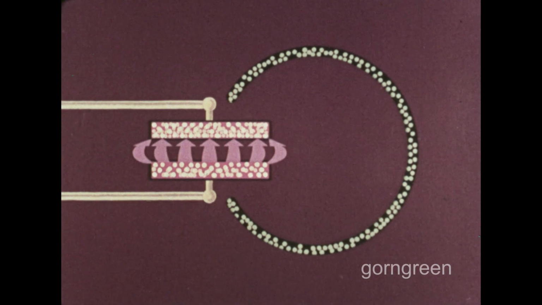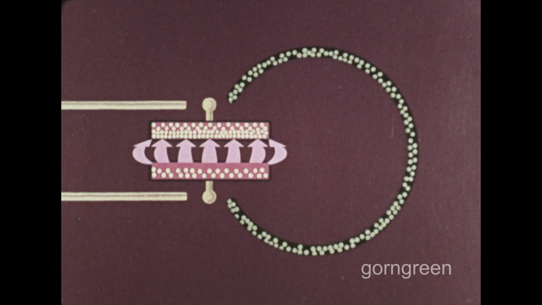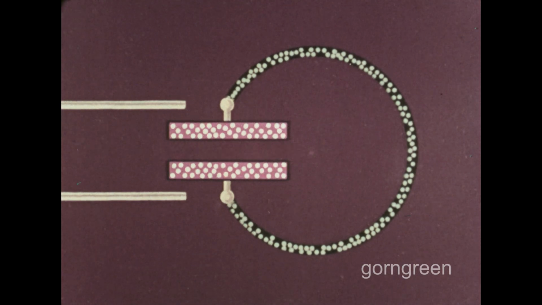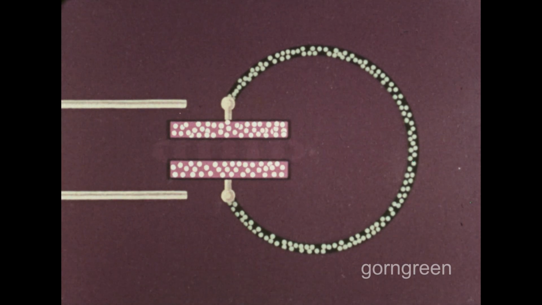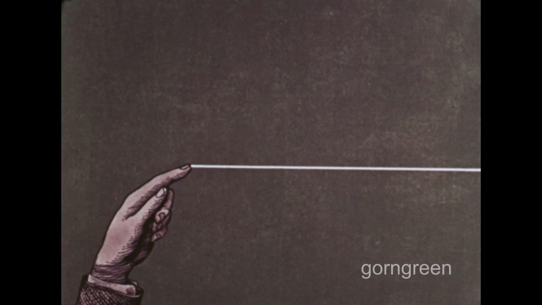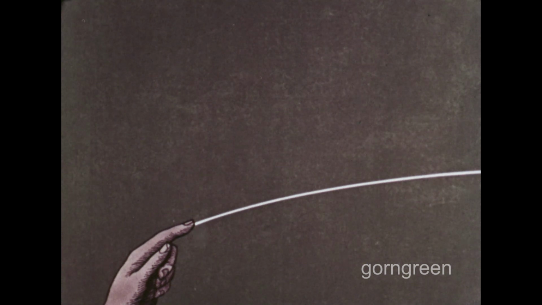Thus, there is a certain similarity between mechanical and electronic oscillation. However, here, only the electrons within the conductor oscillate, whereas in the case of mechanical vibration, the whole object moves.